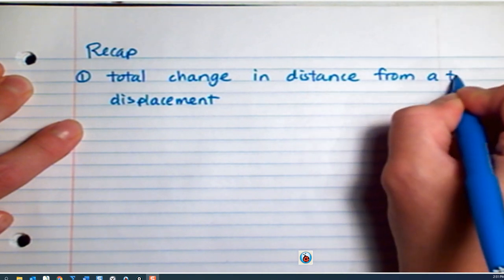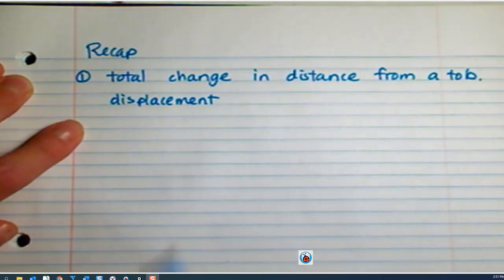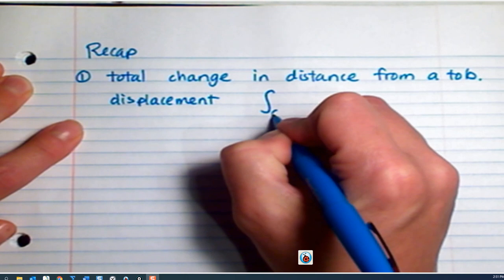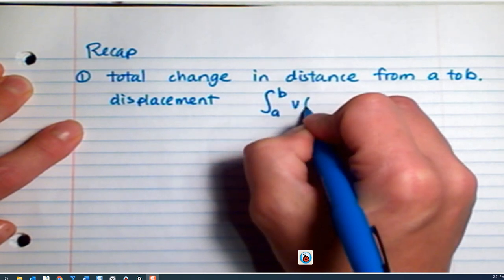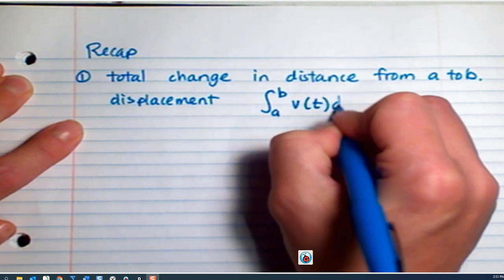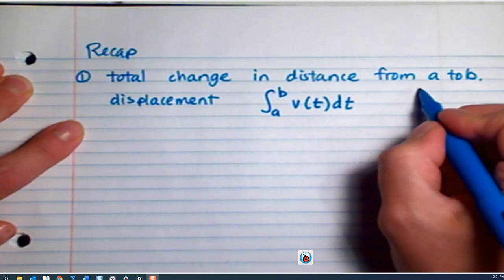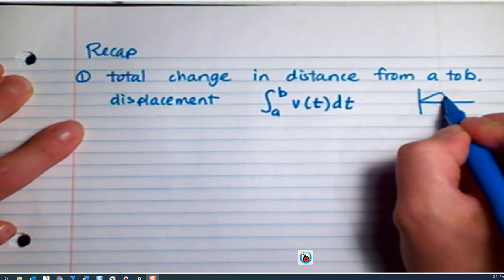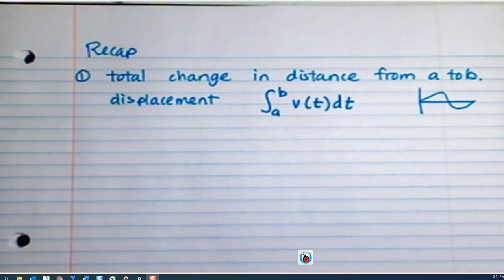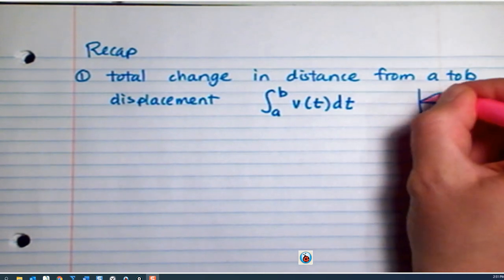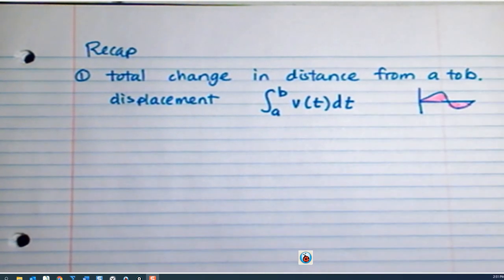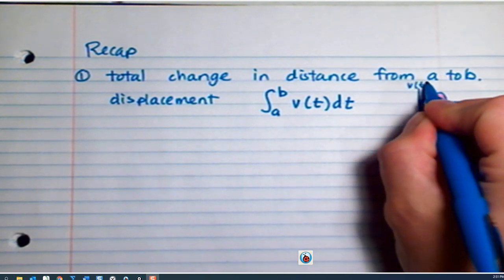From A to B. And so this integral looks like this: A to B, V of t, dt. Okay, I'm just going to sketch a tiny graph, right, where you've got things that are above the axes, you've got things that are below, and that's just what it is. And this is our velocity graph.